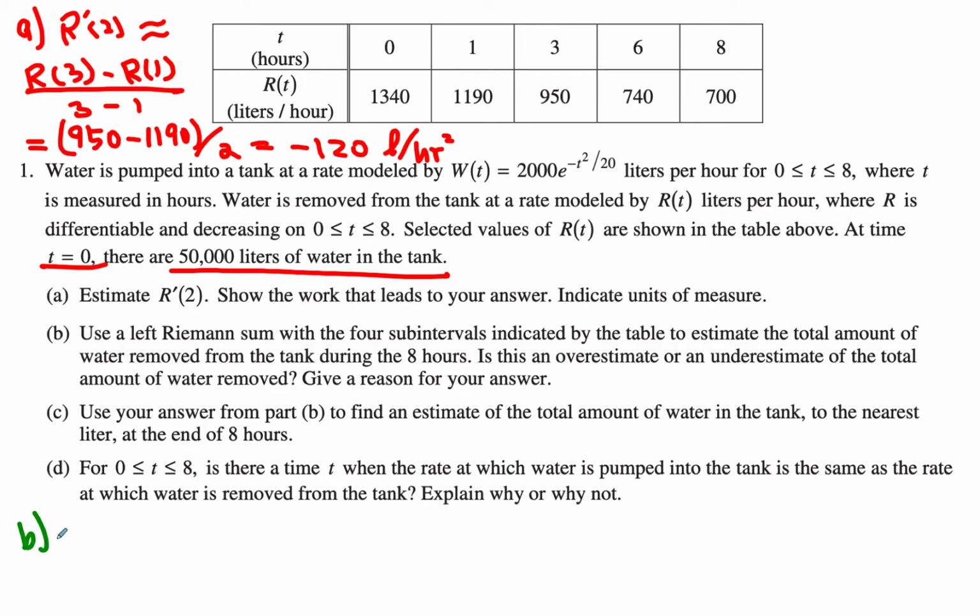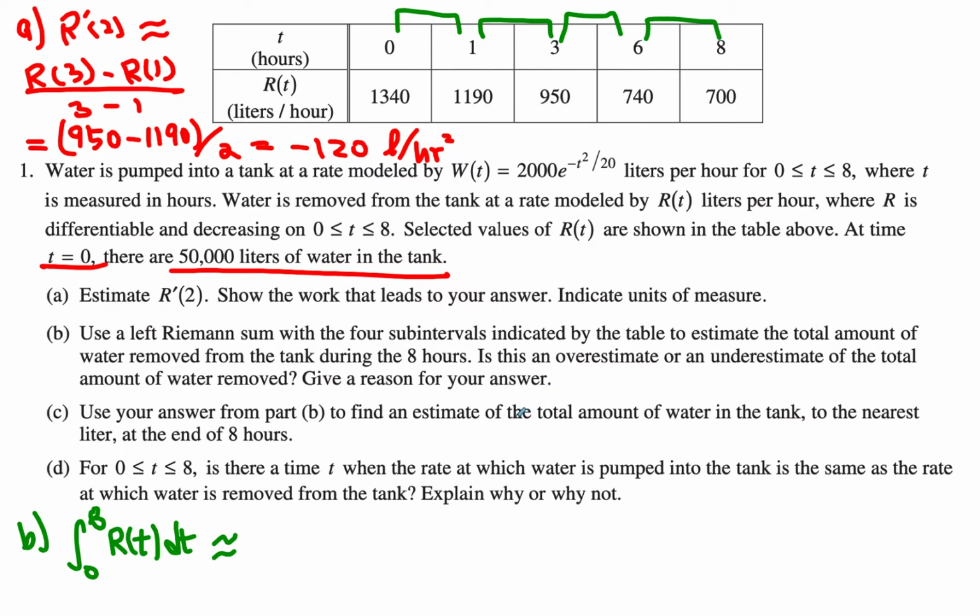So here it goes. Part B, which I'm going to do over here. The volume that we are looking at is the integral from 0 through 8 of R of T dt. This can be approximated. They want you to use the left Riemann sum. So this will be the first rectangle, that will be the second, third, and fourth.